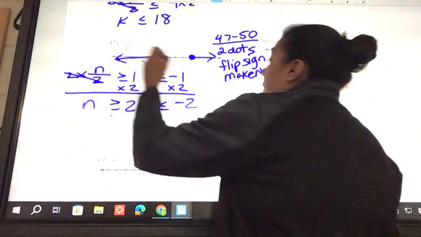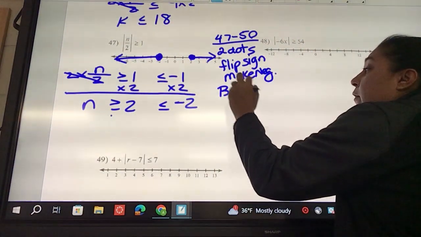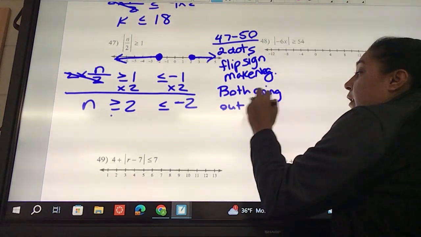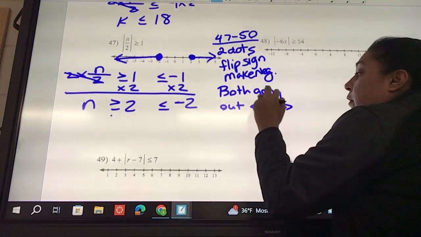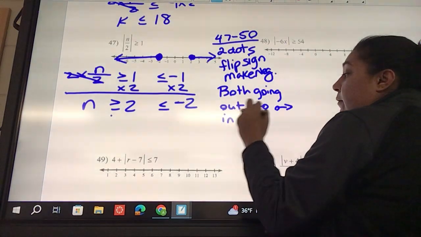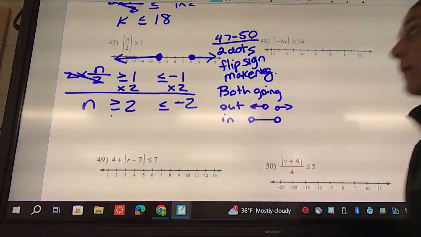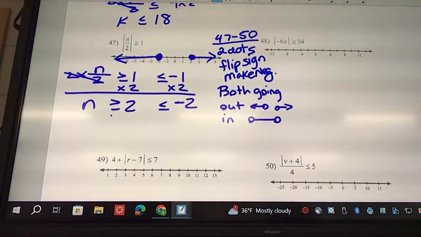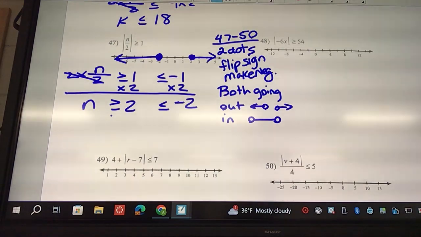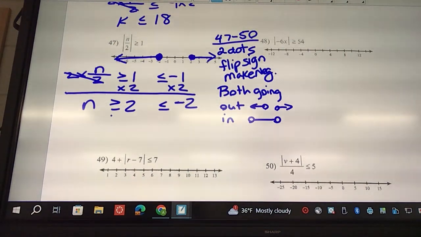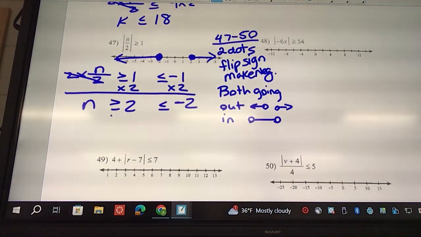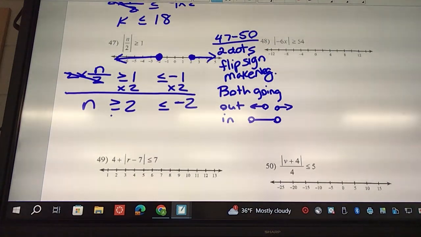So they're either both going out, like this, or in. Once we figure out that one's out, the other one has to be out. If one is pointed in towards the other one, then the other one has to be pointed in. We cannot have one in, one out. It's not possible. There's no way for it to work. It would make our inequality not true.